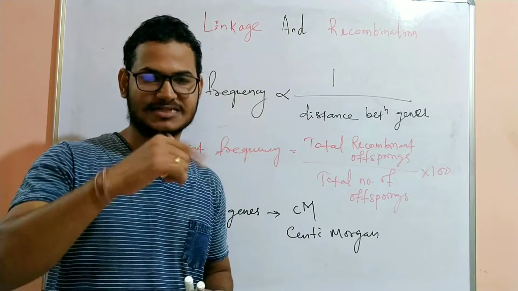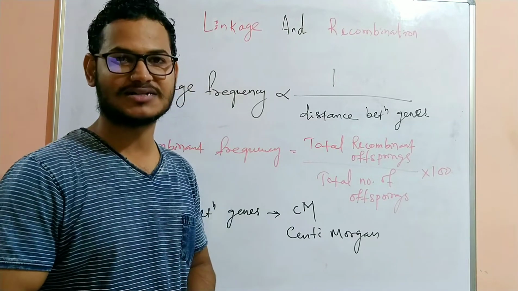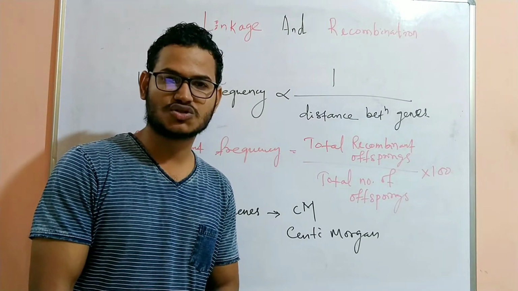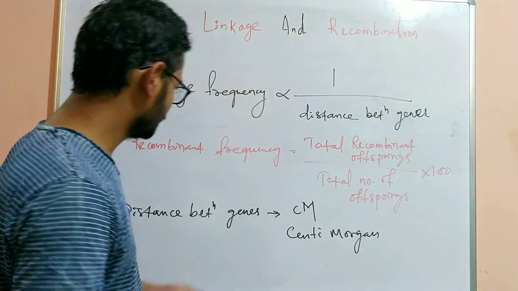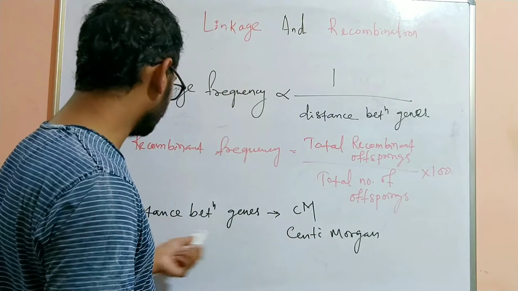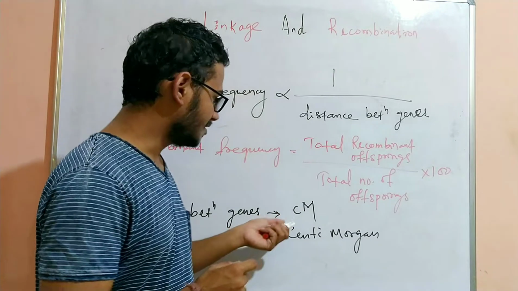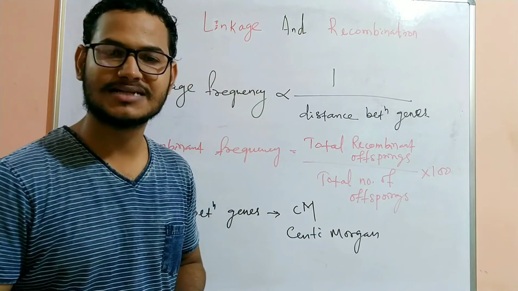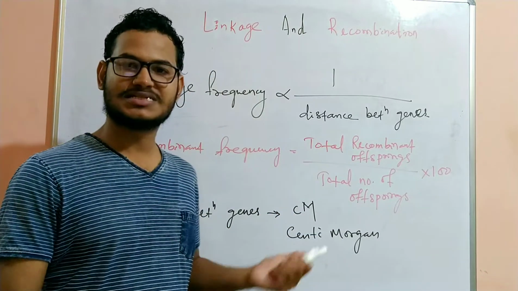He found linkage for the first time in Drosophila, the fruit fly. So according to his name, the distance is calculated using the unit centimorgan, cM.